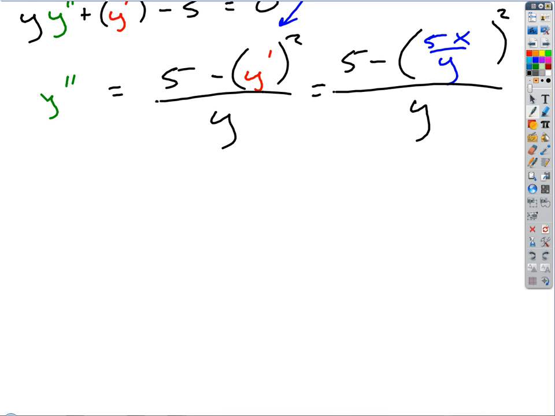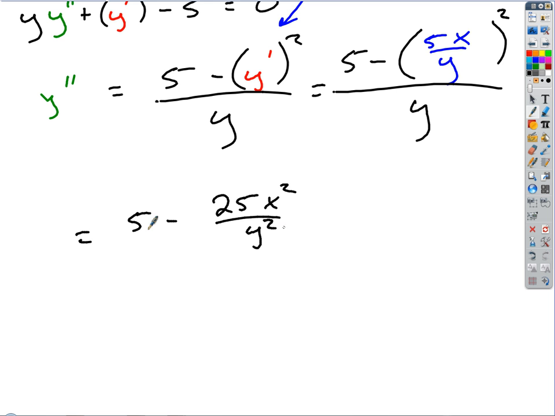So on the top then, if I square this out, I'm just gonna get 25x squared over y squared. Okay, so 5 minus 25x squared over y squared. Well, what does my common denominator need to be on the top? Y squared, right? So I can just multiply this by y squared over y squared.